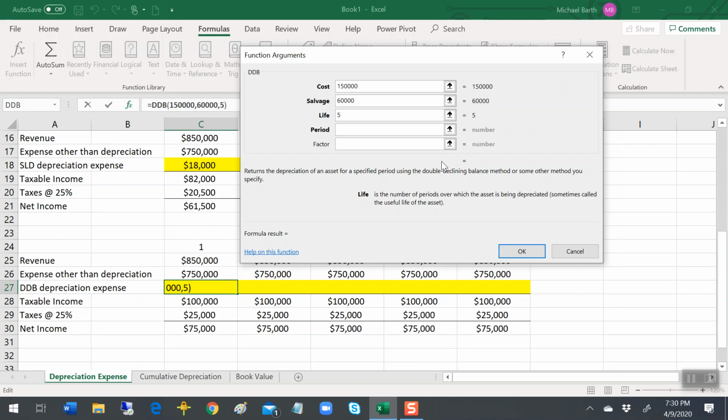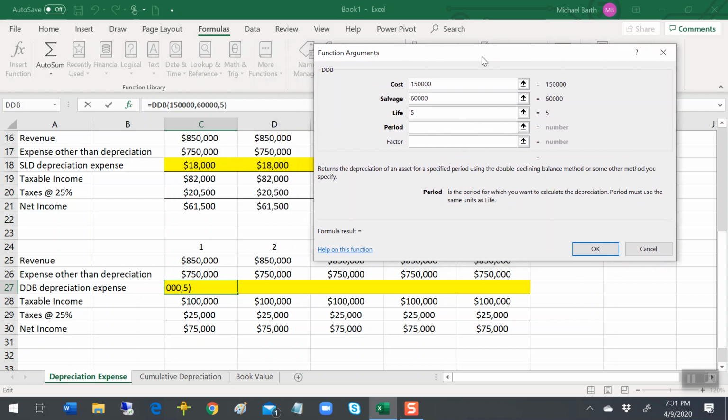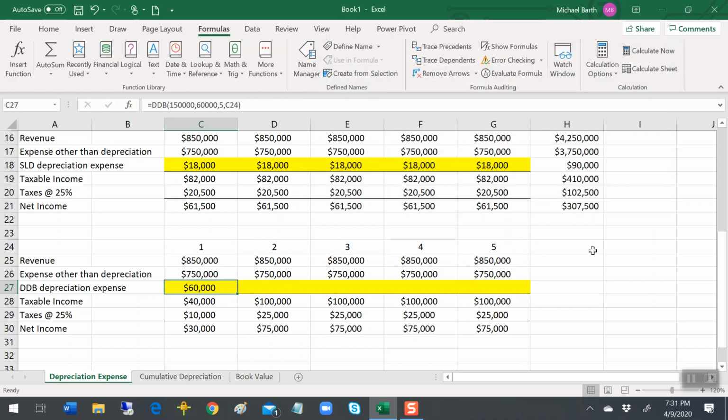Those are the exact same numbers that we were using for straight line depreciation. We call this accelerated depreciation because it takes more depreciation in the early years and less in the later years. We'll click on the number 1 up there, and this will be the amount that you'll take in the first year. So instead of taking only $18,000, you take $60,000.